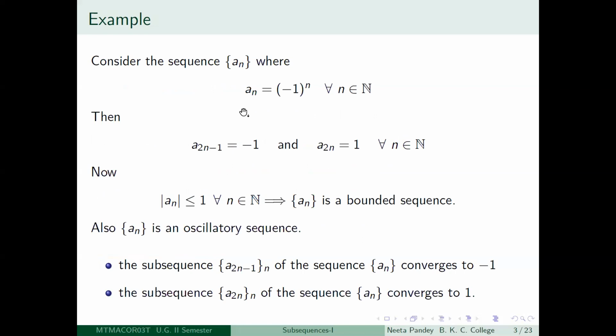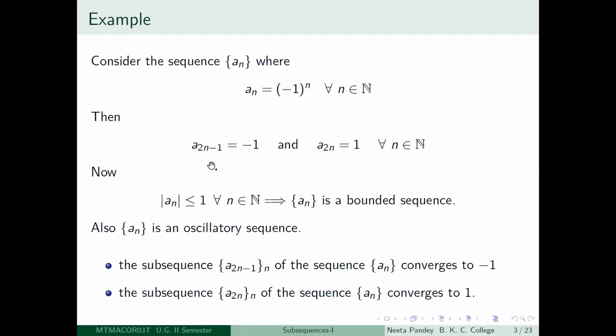This is the usual standard example which we have been seeing many times now while discussing sequences. We are just looking at the oscillatory sequence for which all the odd terms are equal to -1 and all the even terms are equal to 1. So the sequence a_n looks like -1, 1, -1, 1 and so on.